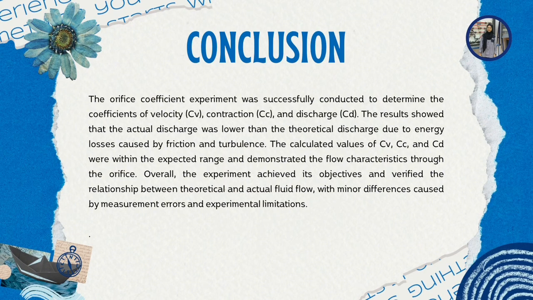The calculated values of Cv, Cc, and Cd were within the expected range and demonstrated the flow characteristics through the orifice. Overall, the experiment achieved its objective and verified the relationship between theoretical and actual fluid flow, with minor differences caused by measurement errors and experimental limitations.